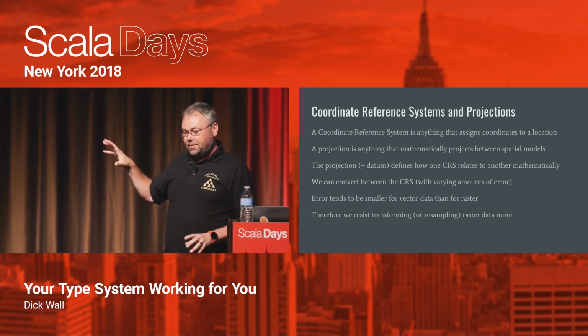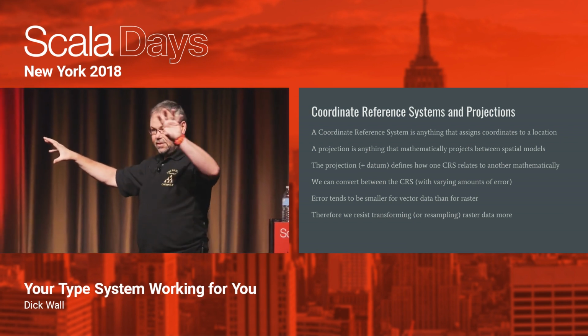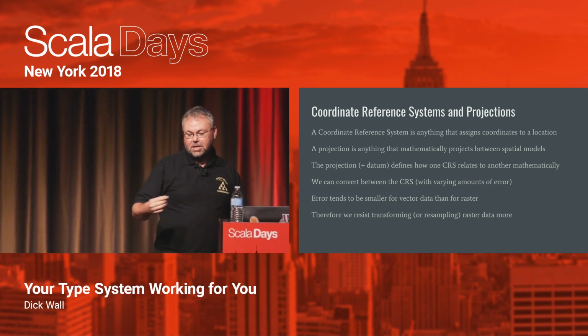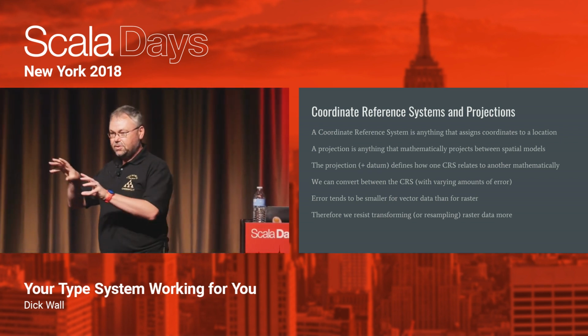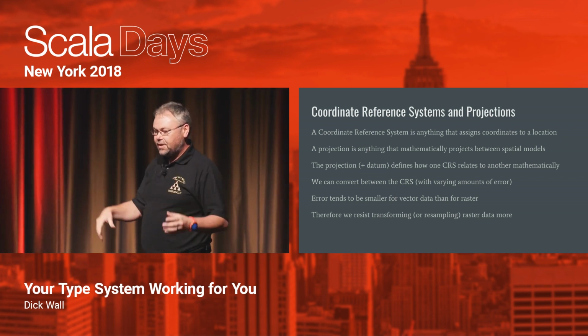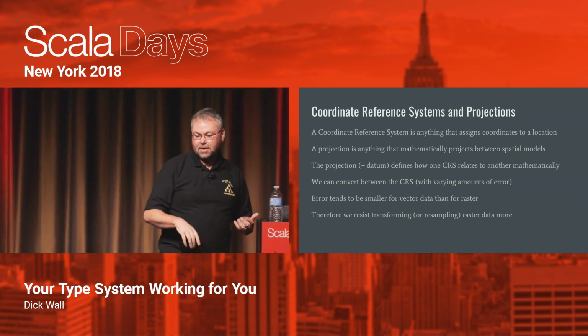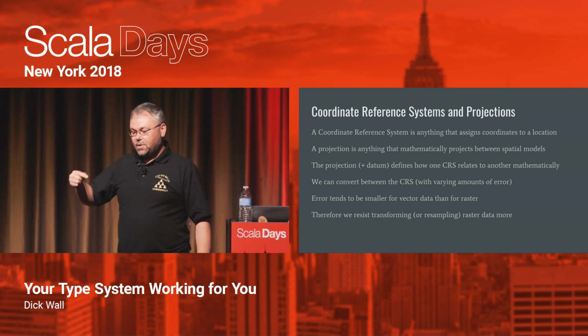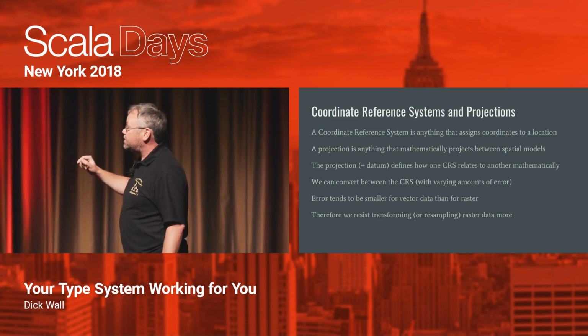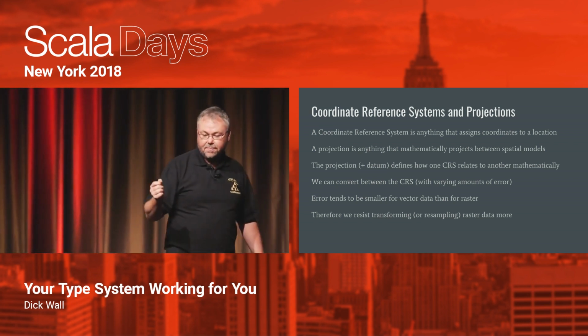A projection is anything that takes one CRS and turns it into another CRS. Okay, it's a mathematical transform. The projection plus the datum, so some center point or other things, you know, the radius of the Earth, all of these things are considered the datum, define how one CRS relates to another mathematically, and we can convert between the CRSs with varying amounts of error.